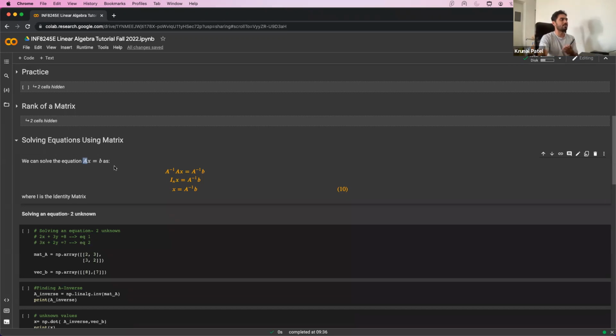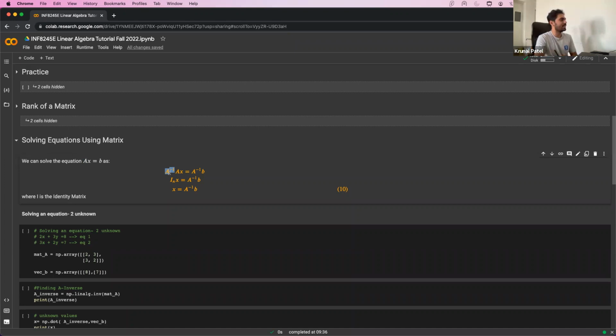So how do we solve this equation? When your matrix has full rank, that means you can find an inverse transformation of that matrix also. You transformed your vector space into some other vector space, and if that other vector space has exactly the same dimension as the original vector space, then you can also find an inverse transformation that will transform your new vector space back into your original vector space, right?